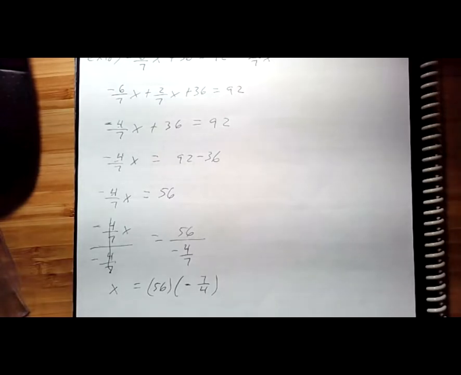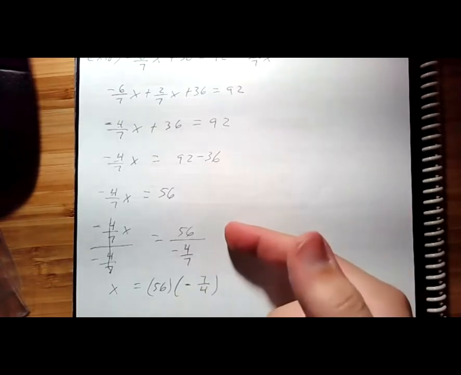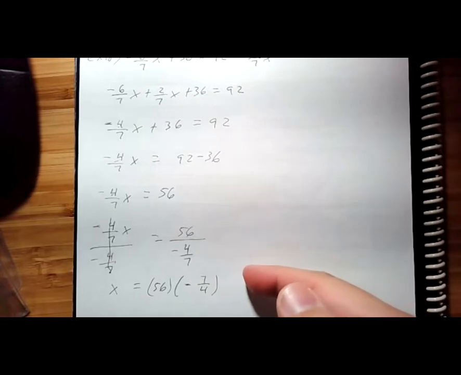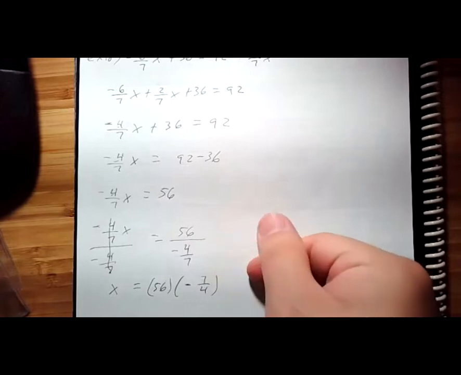So now we just deal with this. But did that step make sense from here to here? Do you see what happened? Yes, sir. I see what you did. And don't forget that when you divide by a fraction, you flip it, right? Take the reciprocal of it and multiply here.